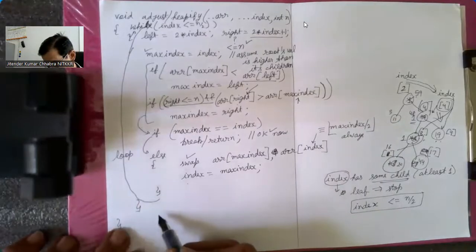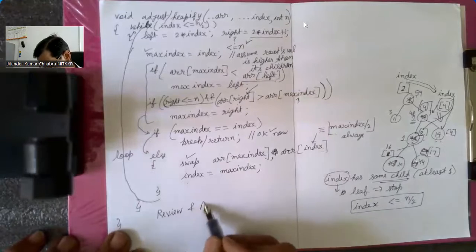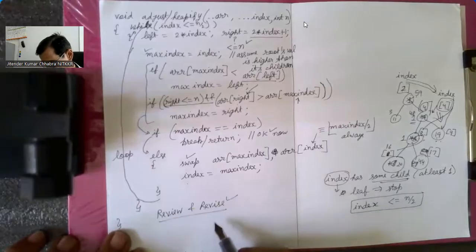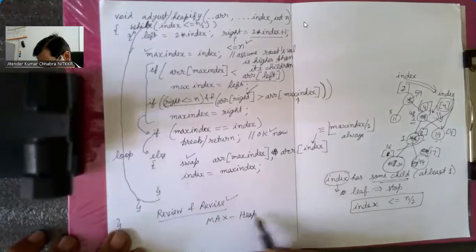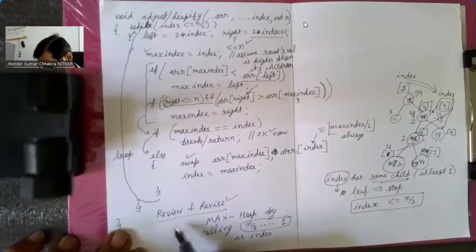I will ask you to revise and review this. And you should be able to understand that you are able to make a max heap by calling this adjust function initially with index from n by 2 down to 1. So that makes the initial array a max heap.